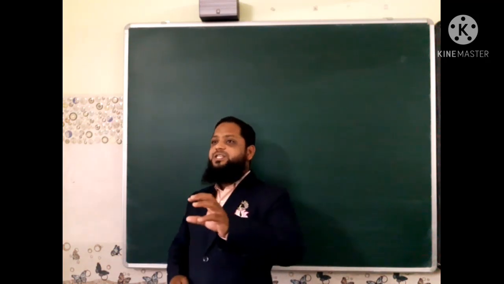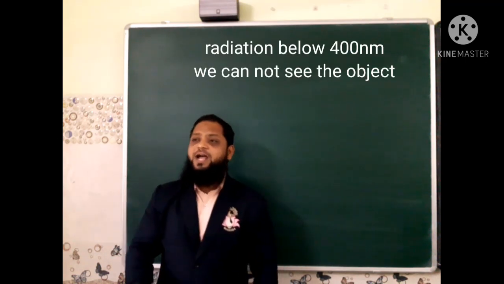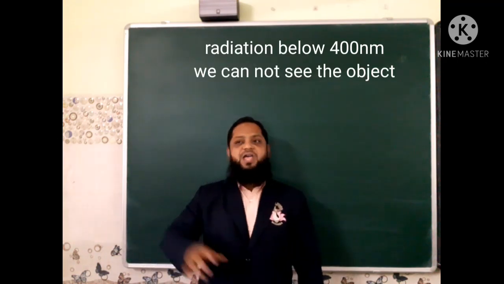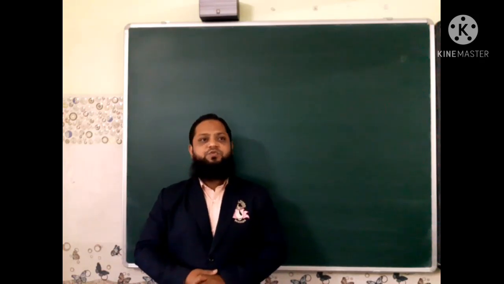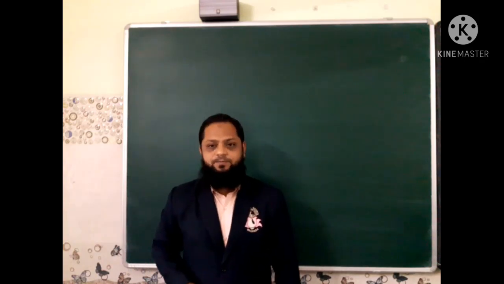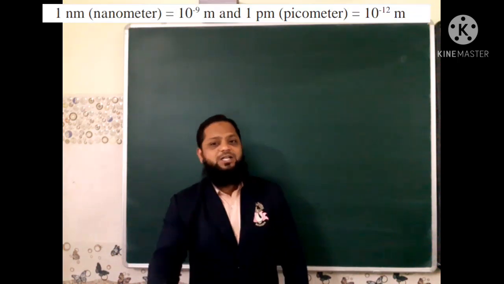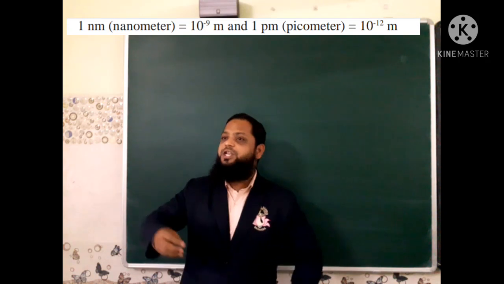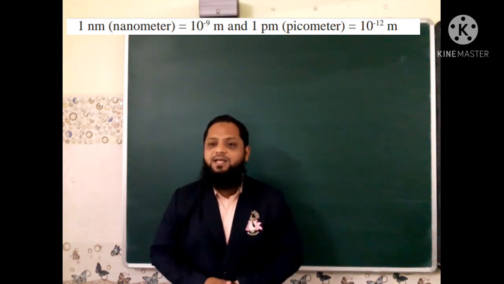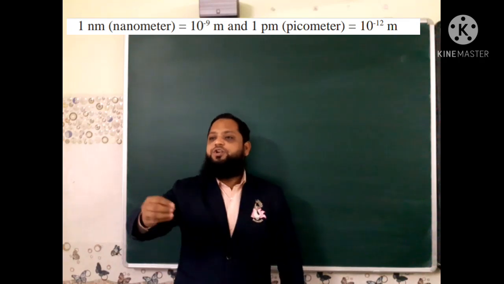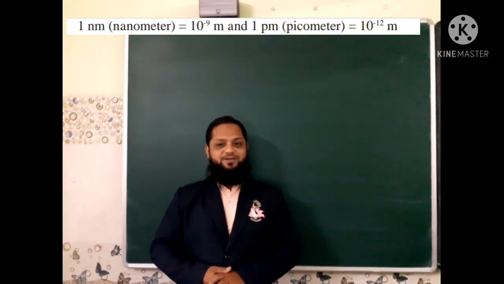Even if the object emits light below 400 nanometer, we cannot see that object with the help of our naked eyes. We know that 1 nanometer is equal to 10 raised to negative 9 meter and 1 picometer is equal to 10 raised to negative 12 meter.